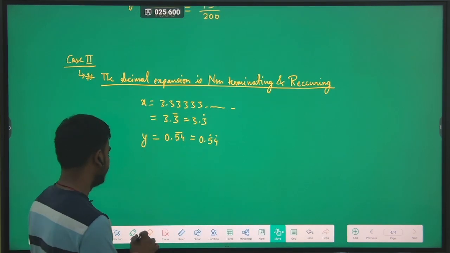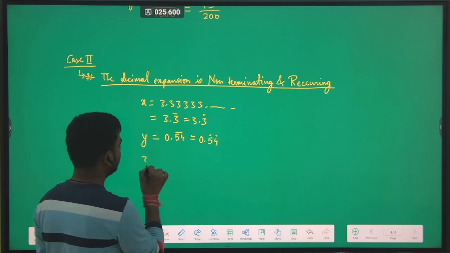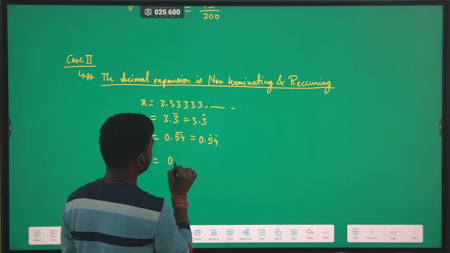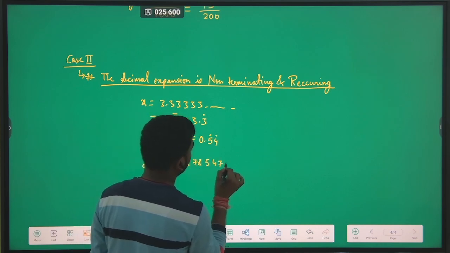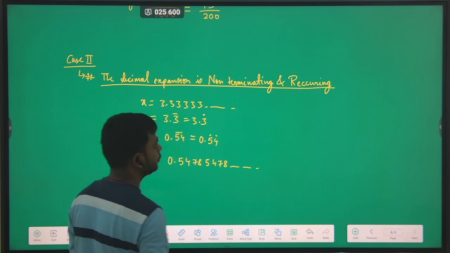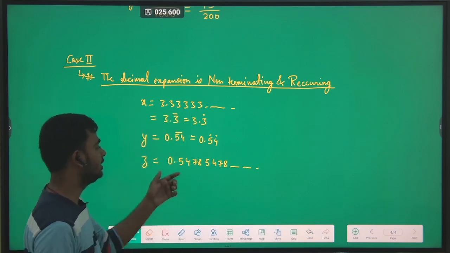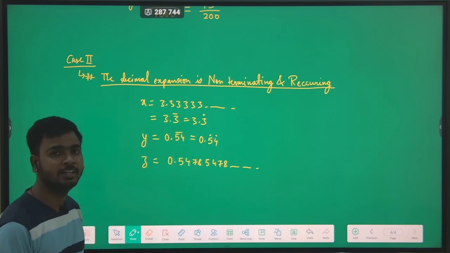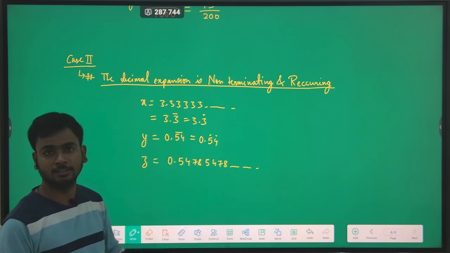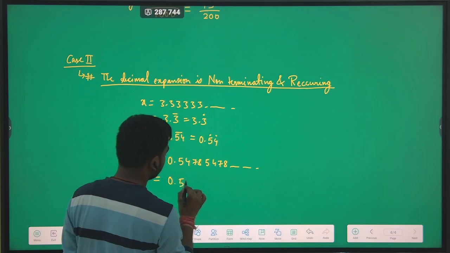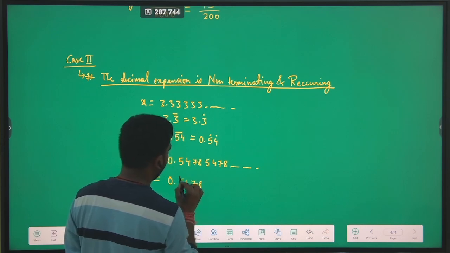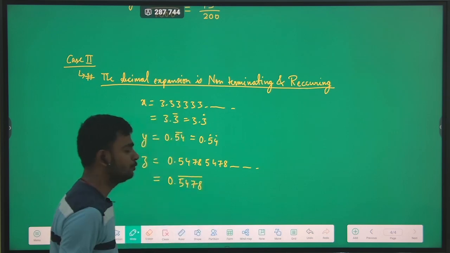Let us suppose that our third number is 0.5478, 5478, 5478 continued up to so on. What we are getting is 5478 as the repeating block. So we represent it as 0.5478 with a vinculum over 5478.